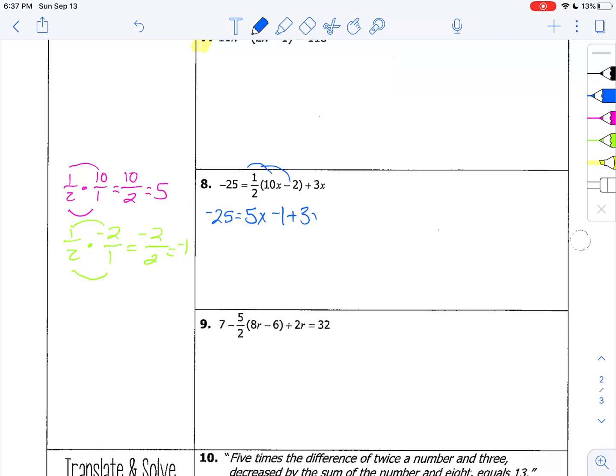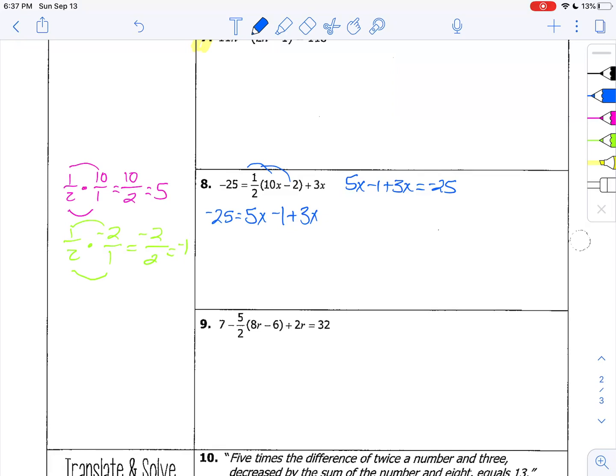And then don't forget your plus 3x outside the parentheses. We just bring that down. Now again, this is a step where if it helps you to see the variable on the left, you can completely flip your left and right side and write it as 5x minus 1 plus 3x equals negative 25.